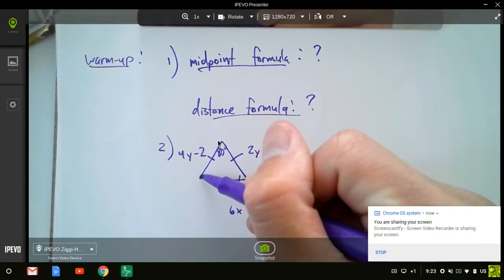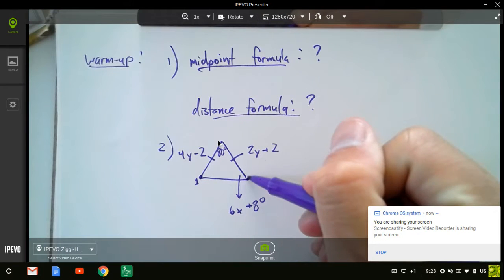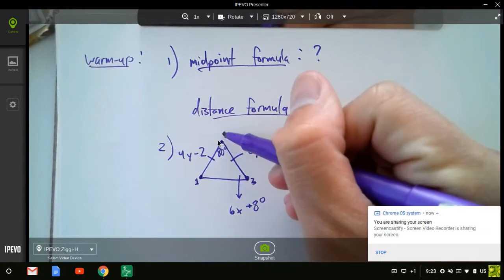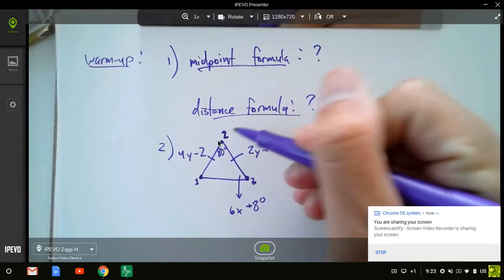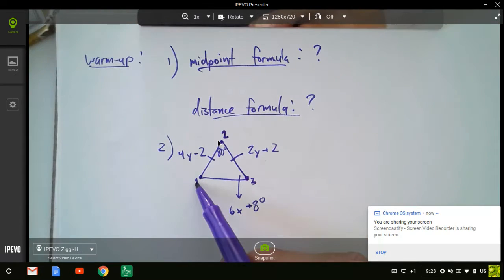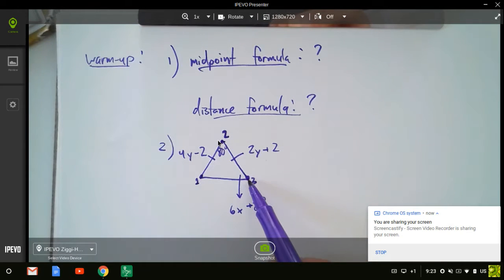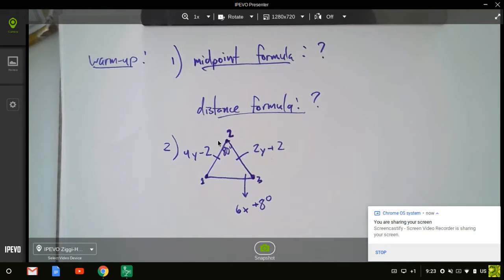This is corner number 1 on the upper section of the triangle, that's corner number 2, and then the lower right-hand corner of this triangle is corner number 3. Okay, I want you to solve for y and x on the second problem, and that's a degree sign, okay?